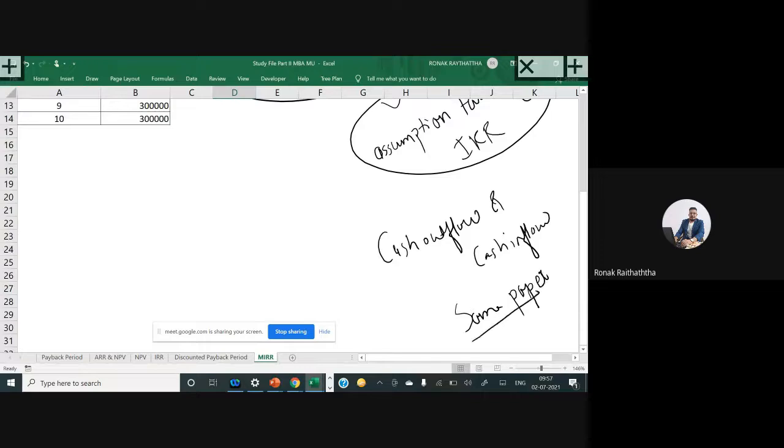Sir, what do we mean by same paper? That means for IRR, the inflows and outflows both will be discounted at the same rate of return. IRR does not differentiate between inflows and outflows.